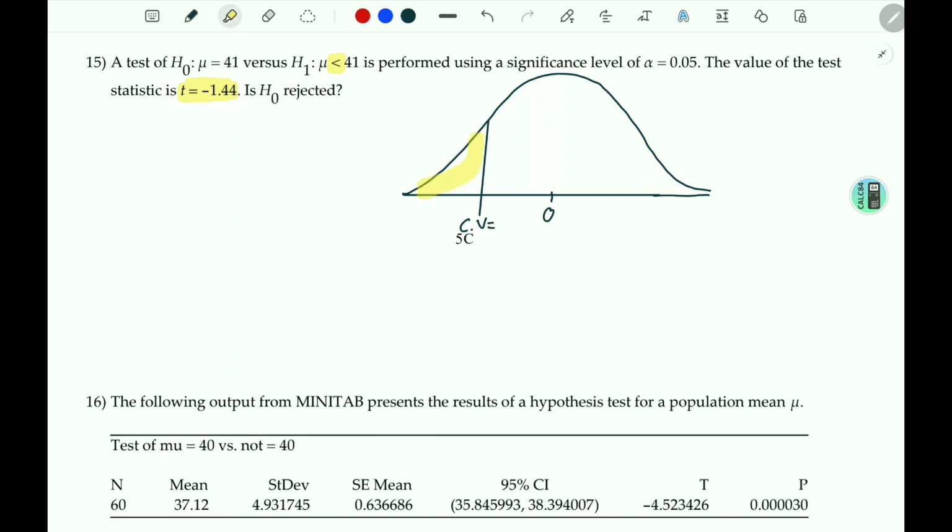Let's shade into the tail region. And remember, if the test value lands in this highlighted area, we're going to reject the null hypothesis. But if the test value does not fall within the highlighted area or the shaded area, do not reject the null hypothesis.